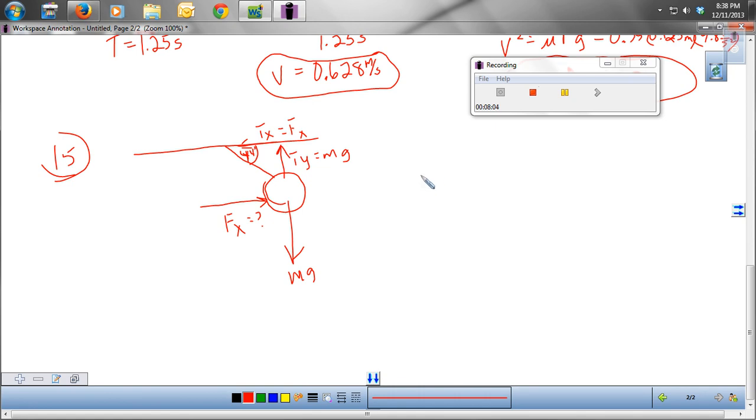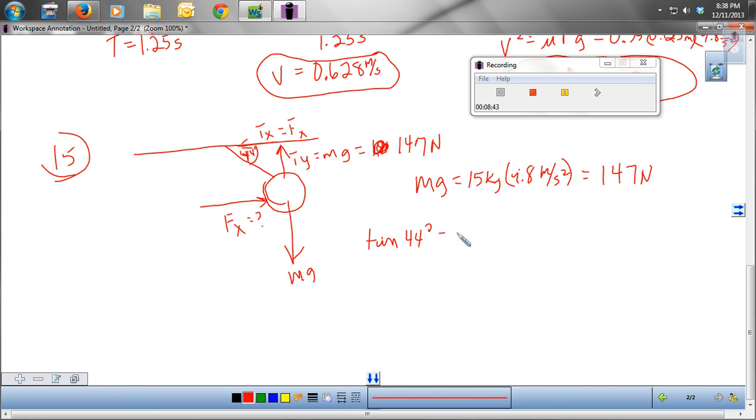So we know that it is a 15-kilogram ball. That tells us that that ball weighs 147 newtons, and that means this is 147 newtons here. If I could write to where you could read it. Alright, and they want to know what is basically Tx. So I'm going to say that the tangent of 44 degrees is equal to the side opposite, Ty, over the adjacent, Tx.